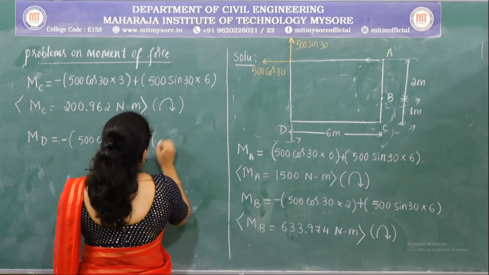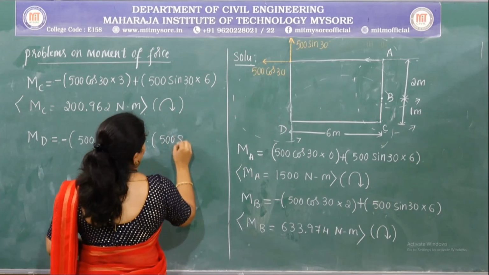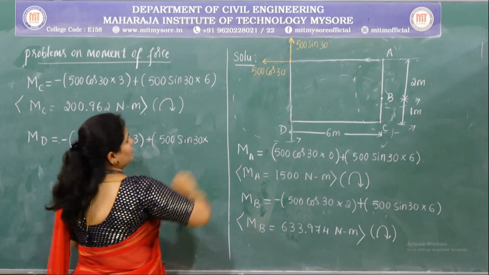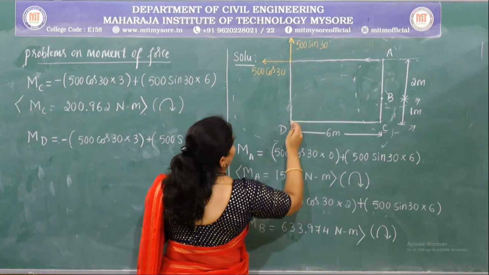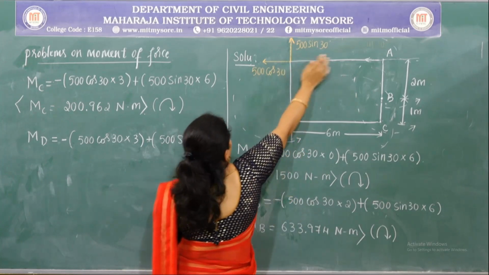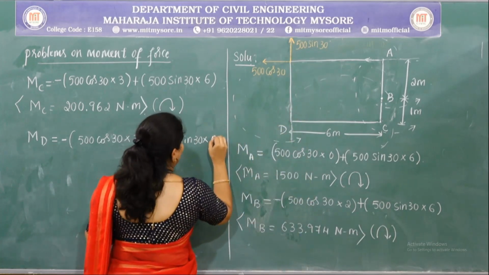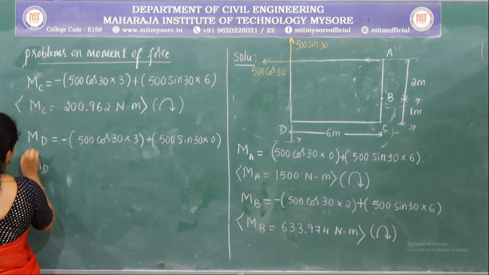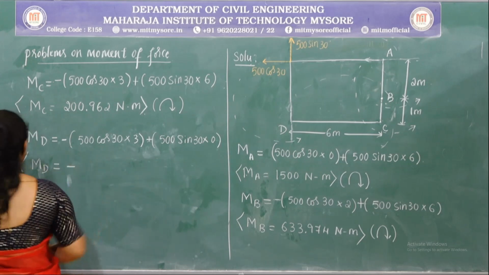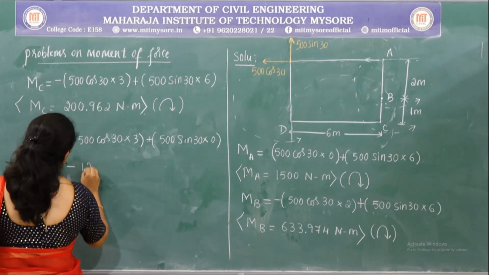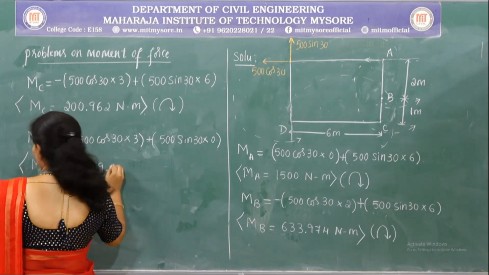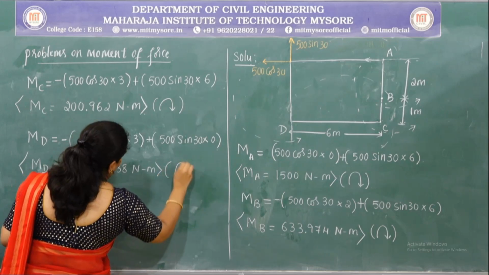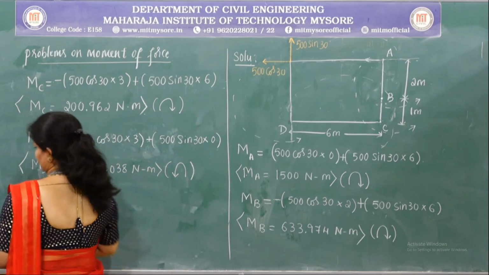Now the vertical component is 500 sin 30. Again here the line of action of the force and the point are in the same line, hence this force will not produce any moment about point D. So the moment becomes negative and the value is 1299.038 Newton meter. The direction is anti-clockwise.